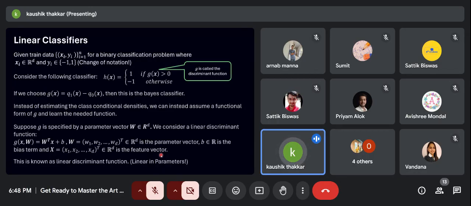This is known as the linear discriminant function. Linear in parameters, again, this is something to take care of. This is not linear in x's, this is linear in parameters, right? So this is a linear function. Now we are trying to learn this linear function, and we'll use our training samples to learn the best linear function possible.